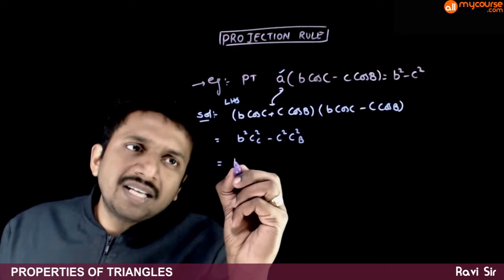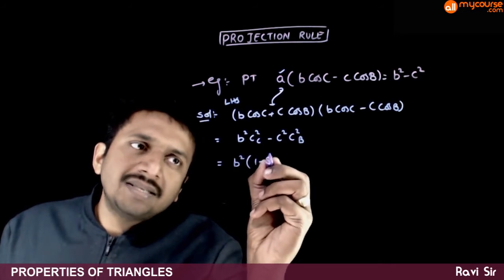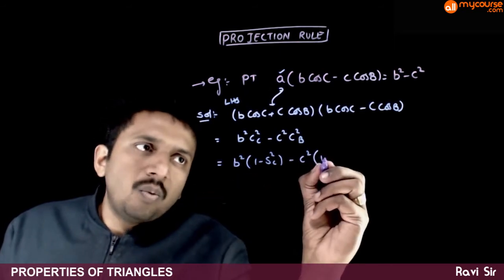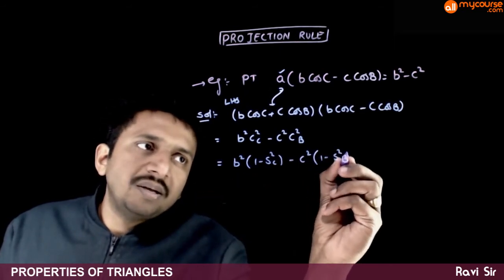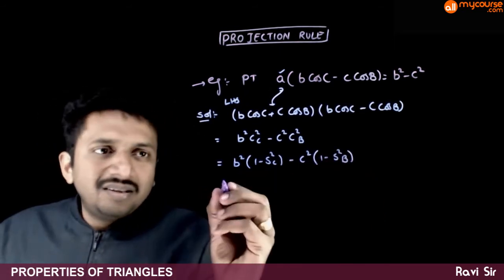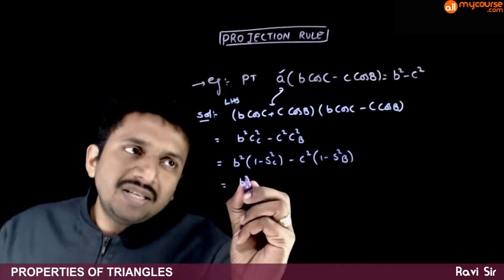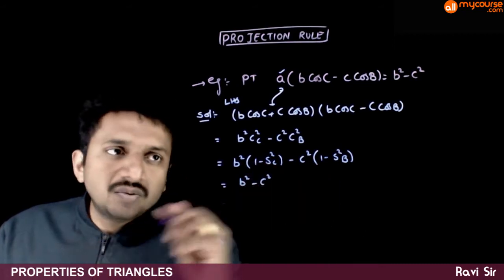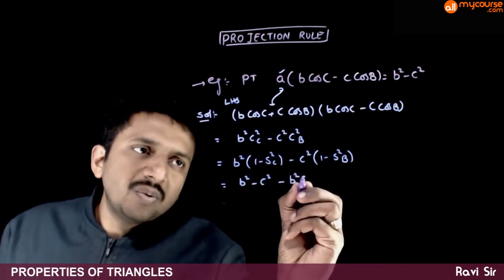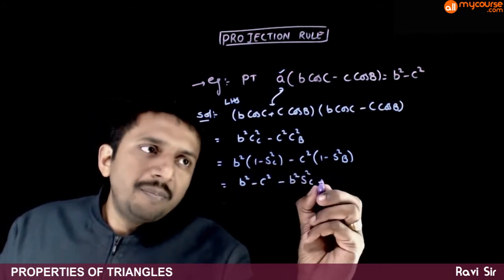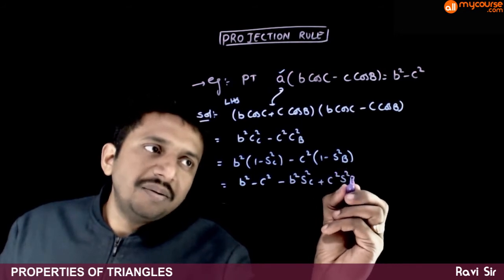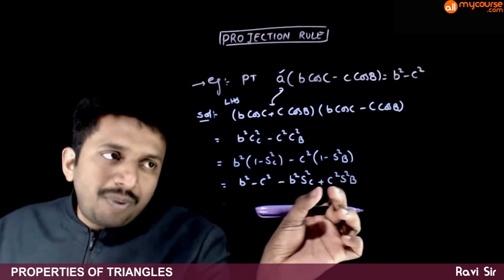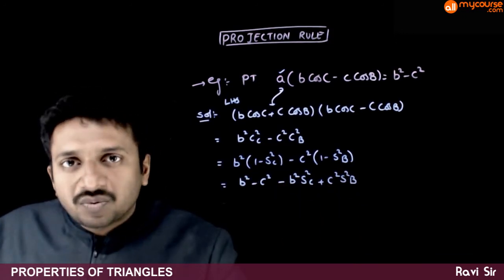So this can be written as B square times 1 minus sine square C minus C square times 1 minus sine square B. B square into 1 is B square. C square into 1 is C square. Minus B square sine square C plus C square sine square B. So you have B square minus C square plus C square sine square B minus B square sine square C.